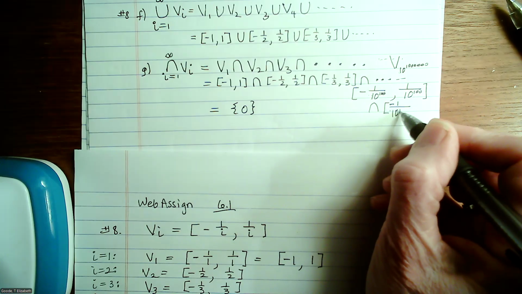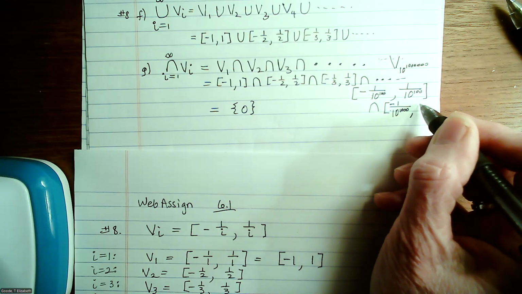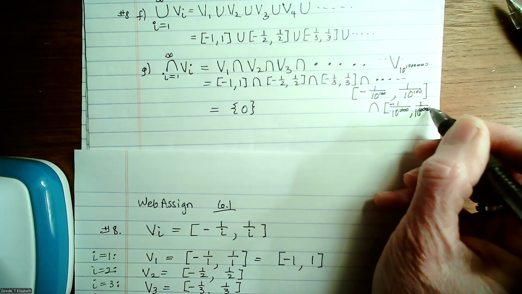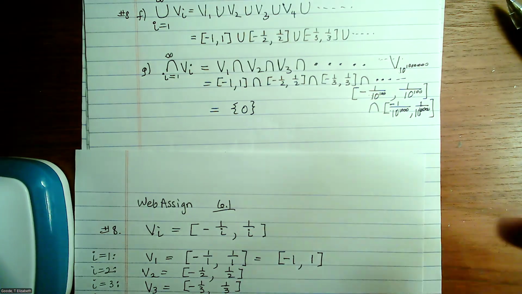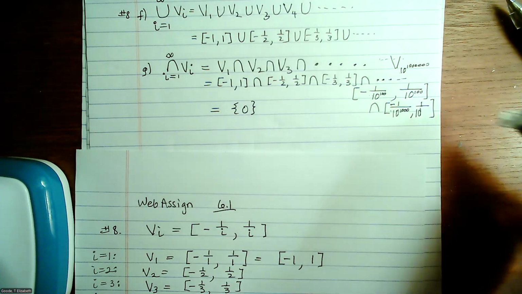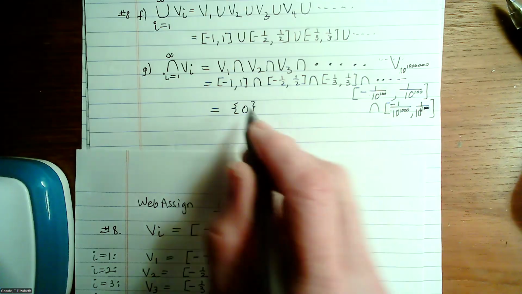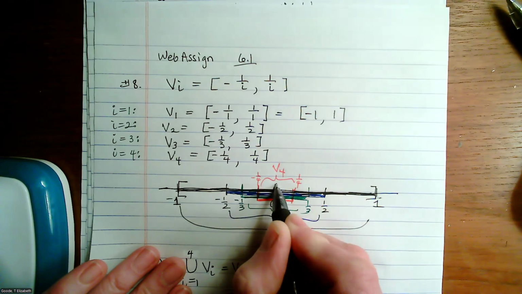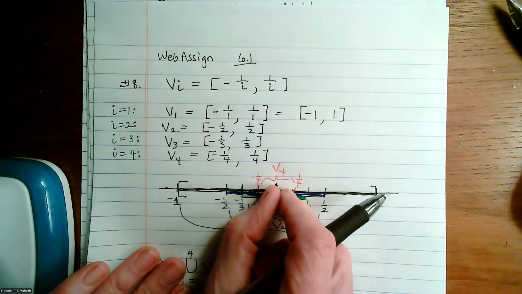The point is it just gets smaller and smaller and smaller to the point that the only number you're actually guaranteed is going to be in all of these is the number that is right smack dab in the middle, and that's zero. That's the only number that's not going to fail to be in all of them, no matter how tiny they get.